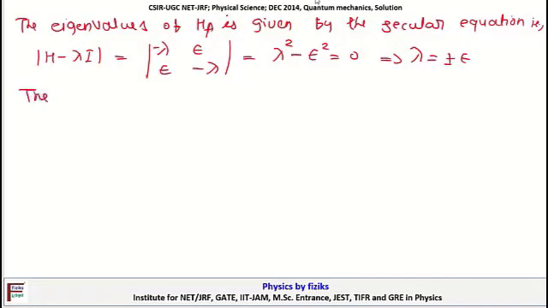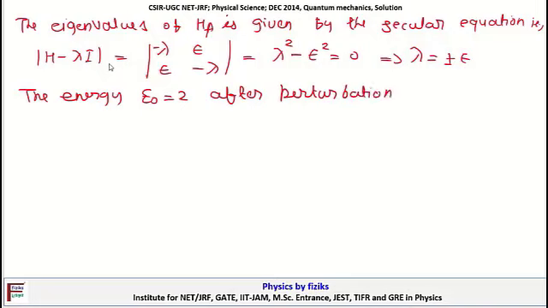Thus the energy of the perturbed energy level E0 equals 2 after perturbation changes to 2 plus minus epsilon.